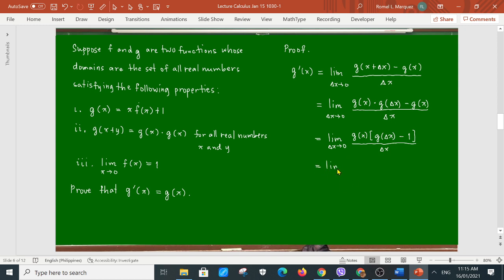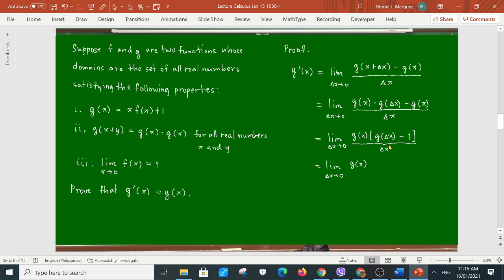Then, the limit as delta x approaches 0 of. Now, g of delta x, I can write that in another form. There is a property so that we can simplify this. We know that g of x is expressed in terms of f, because there is a relationship of the limit. So I can express g of x as x f of x plus 1.